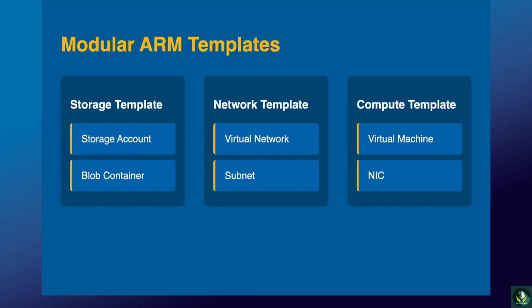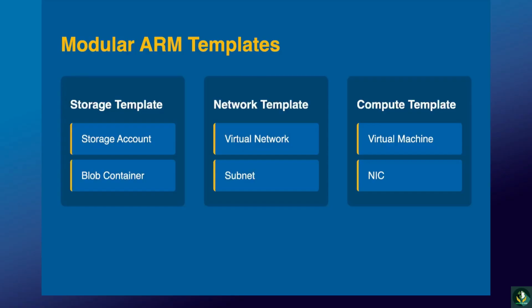Then, as your deployments grow in complexity, you can break your ARM templates into smaller, reusable components. These smaller templates can be linked together during deployment or nested within other templates. This modular approach promotes reusability and simplifies maintenance.